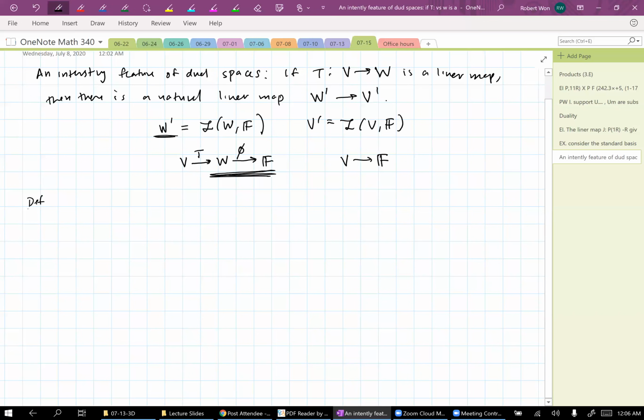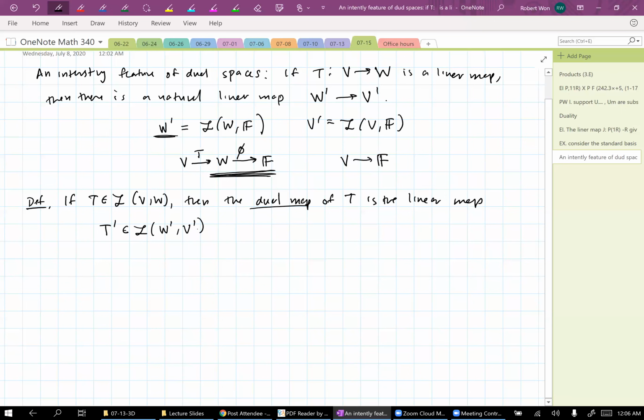So let's define it. If T is a linear map from V to W, then the dual map of T is the linear map. So we use the notation T prime. That's T, you read that T dual. So it's a map from W dual to V dual, defined by what?